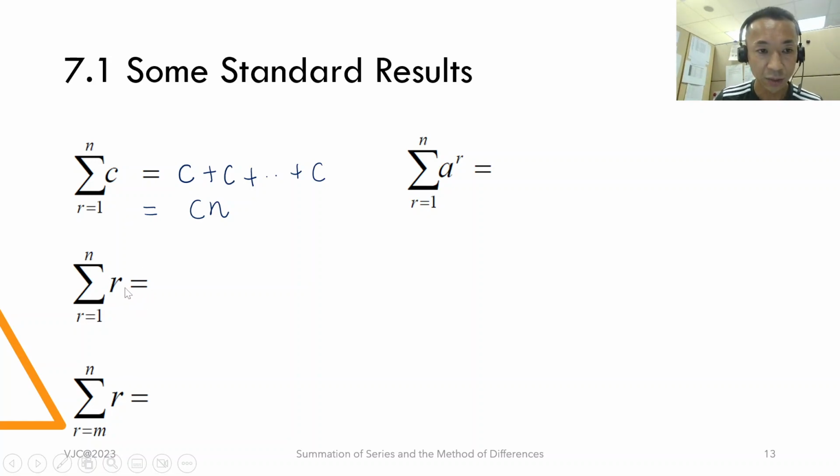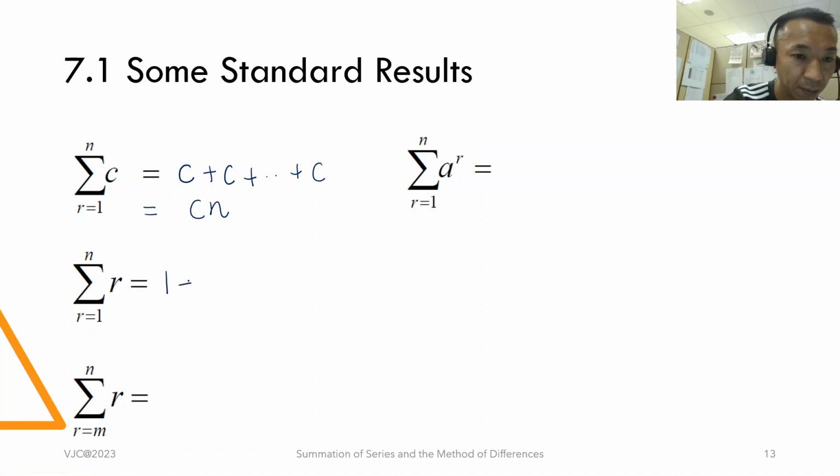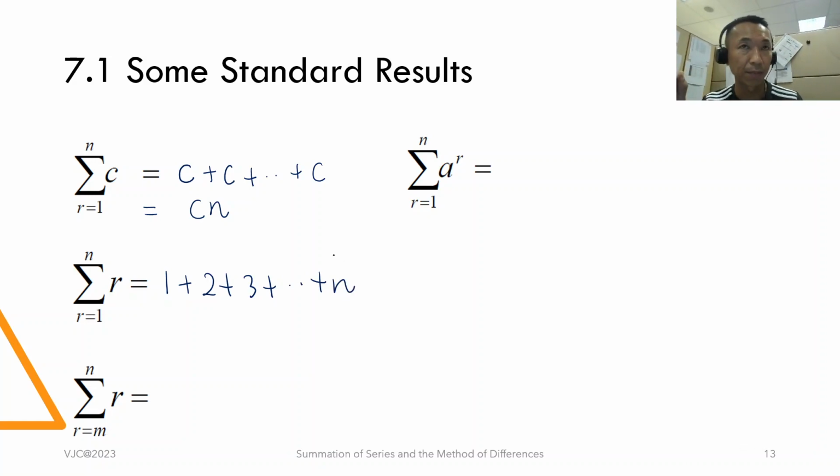Next, this one. If you write it out, this is 1 plus 2 plus 3 all the way to n. Now, if you have learned your previous chapter properly, chapter 6, arithmetic progression, you can tell that this is an AP. First term 1, last term n, number of terms n. So I will write it out.